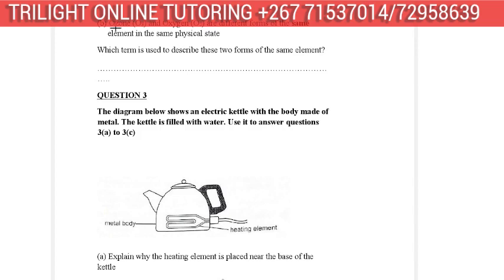It says B, ozone trioxide and oxygen dioxide are different forms of the same element in the same physical state. Remember, with oxygen, when it is one oxygen, we say mono, like carbon monoxide, this one oxygen.